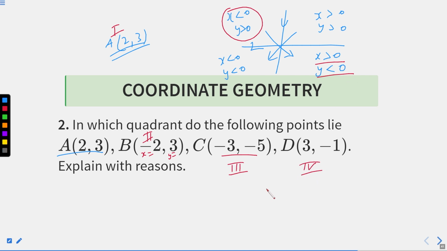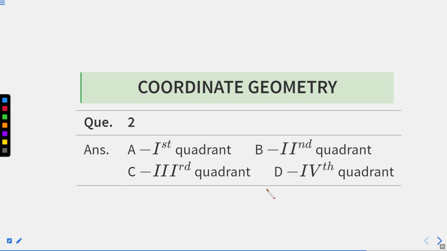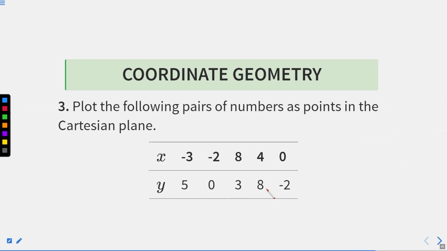Clear? Okay. Now let's move. Now this is the exercise of plotting the points. Here x and y are given, so I am just giving you the ordered pairs so you can plot. I am not going to plot, I am just giving you the ordered pairs, x comma y.